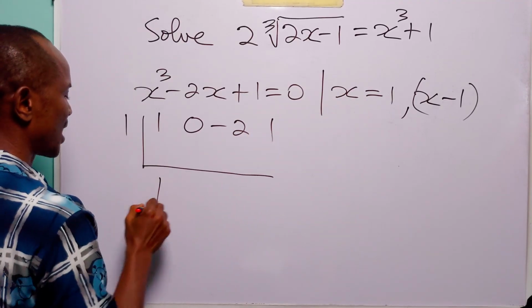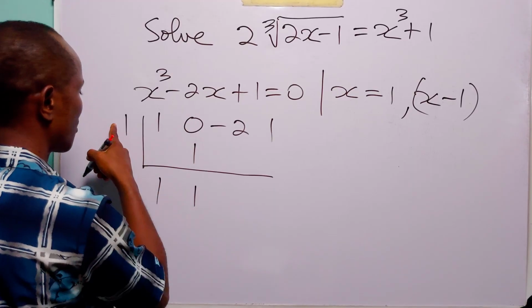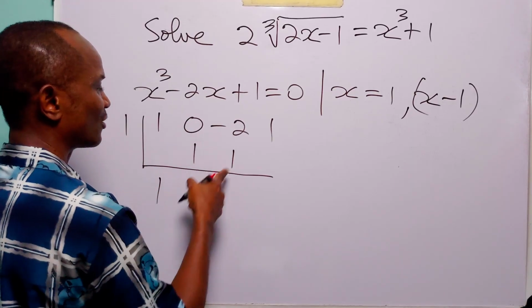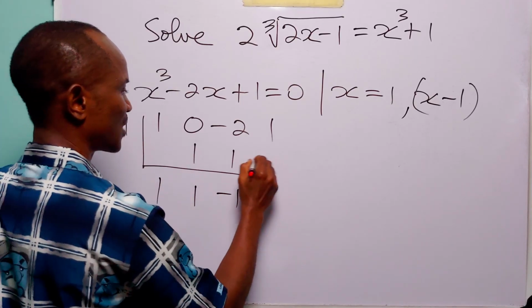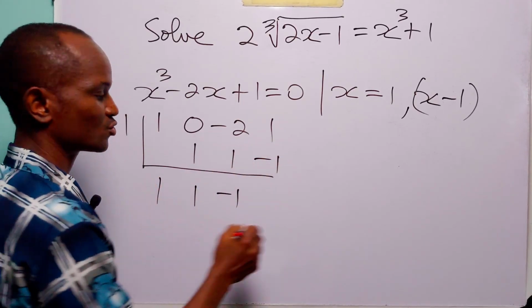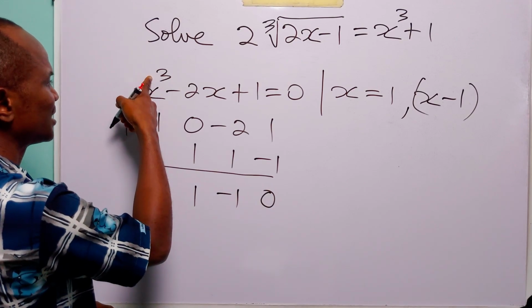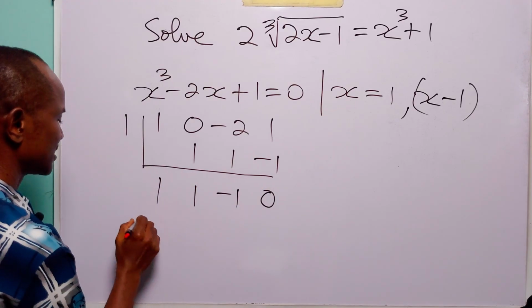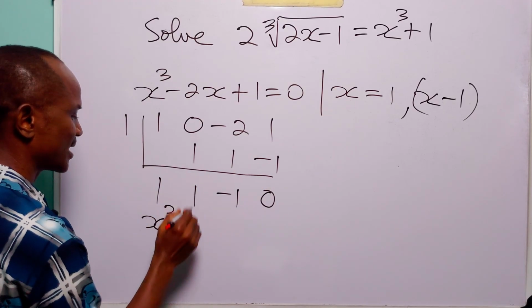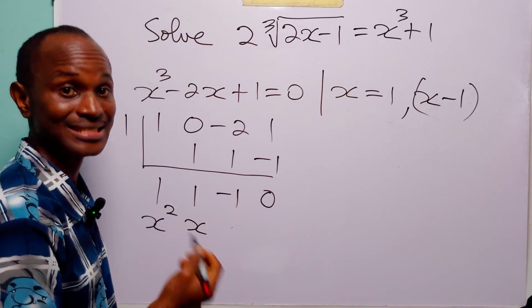We bring down this 1. 1 times 1, 1. 0 plus 1, 1. 1 times 1, 1. Minus 2 plus 1, minus 1. 1 times minus 1, minus 1. 1 minus 1, 0. Now this is a cubic equation and we divided by x minus 1. So this is the coefficient of x squared, this is the coefficient of x, and this is the constant term.